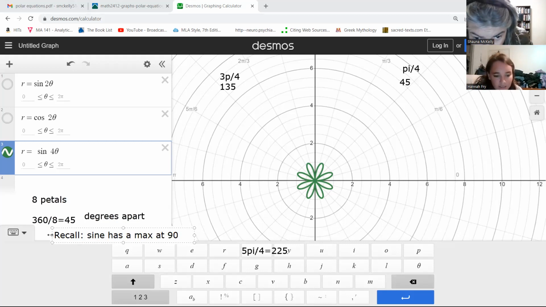So what we've got to figure out is where the first petal is going to start. It normally would start at 90, but we have 8 of them. So we're going to divide this by 8.